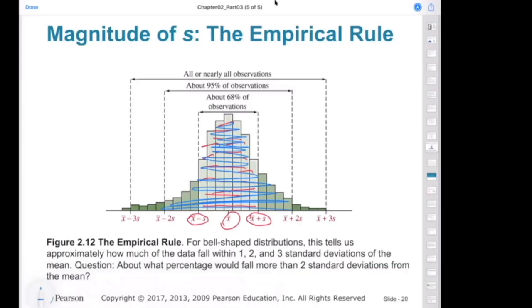And if you extend that to 3 standard deviations away from the mean, you will have, as you can see, the entire data or 100%. This, of course, includes the previous 2 intervals. Okay. So again, we call it the empirical rule.